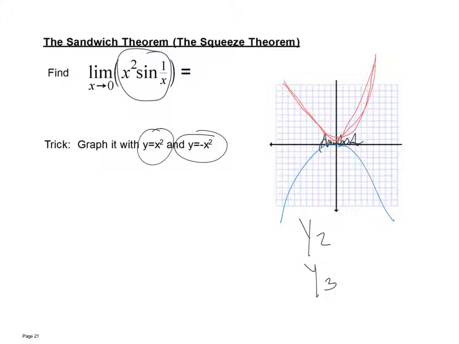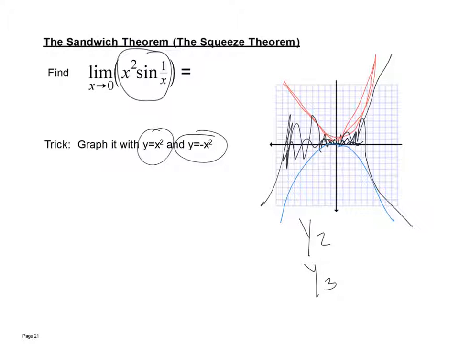The stuff that was wiggling around in here is getting closer and closer to these parabolas, but it's wiggling down in the middle. We know both of those parabolas go down to 0, so this function must be wiggling down to 0.